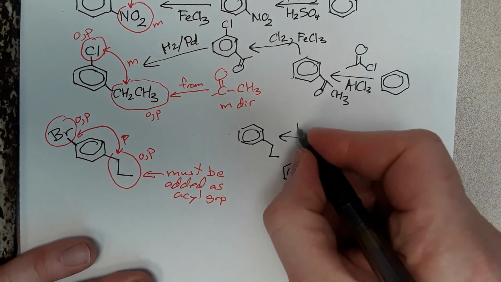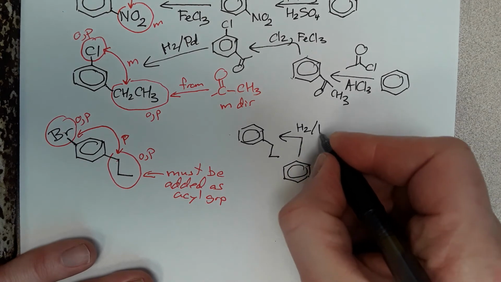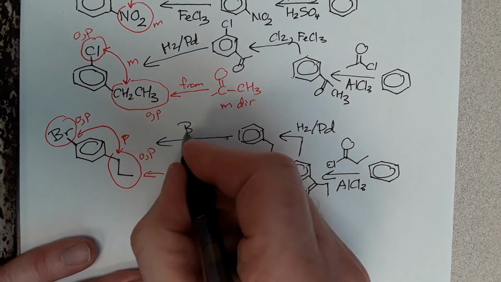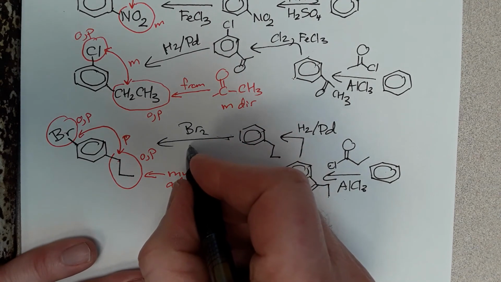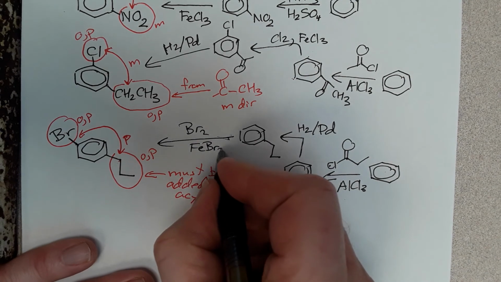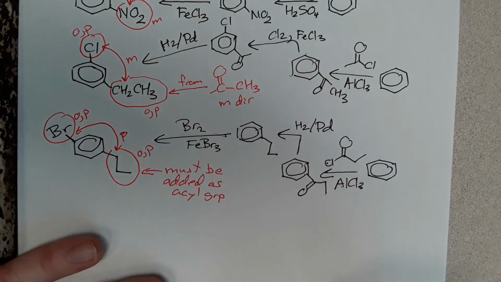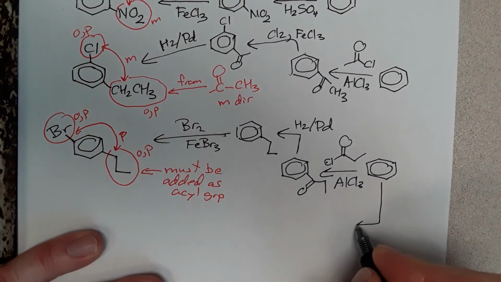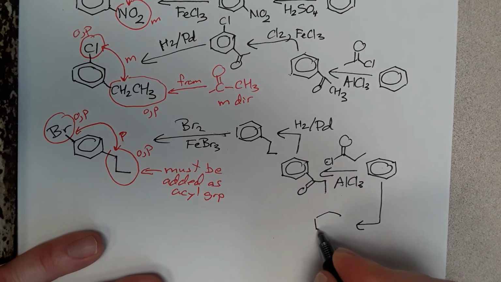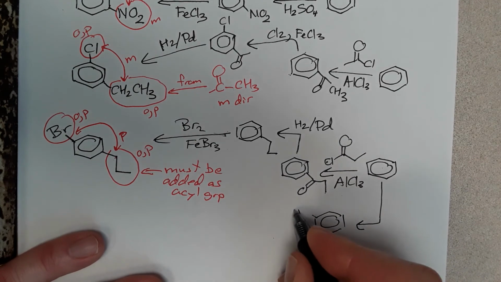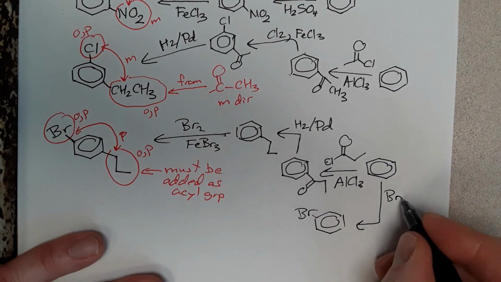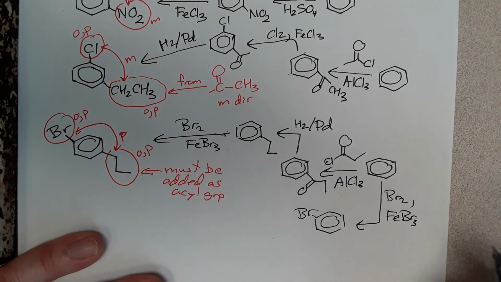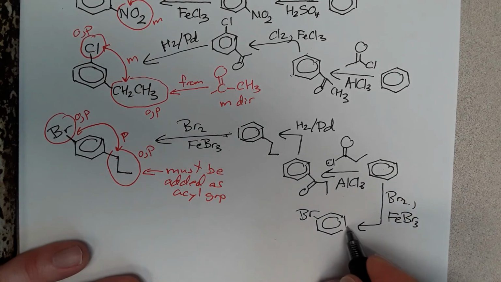And we're doing that by hydrogenating it, hydrogen palladium, and then we can add the bromine. So that's one way to do it, and then the other pathway would be to add the bromine first. So there's not always one best way to do it. Sometimes there's two good ways to do it.